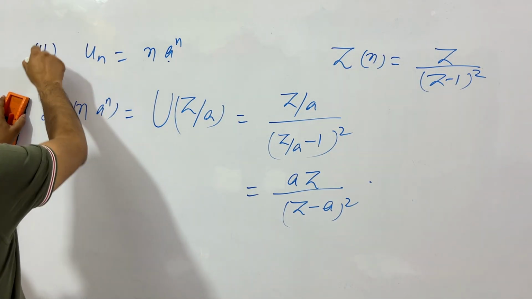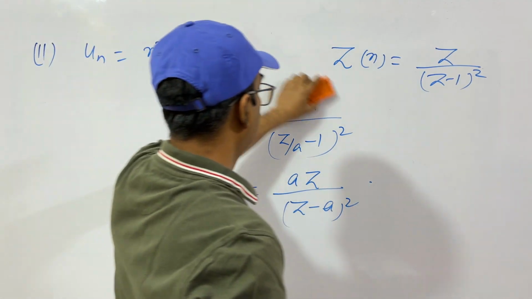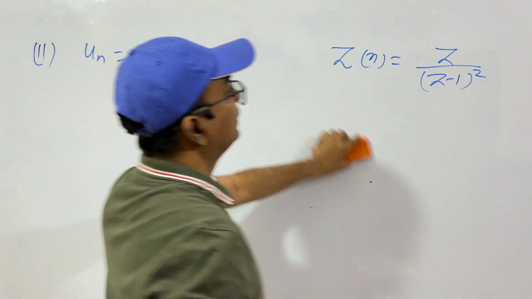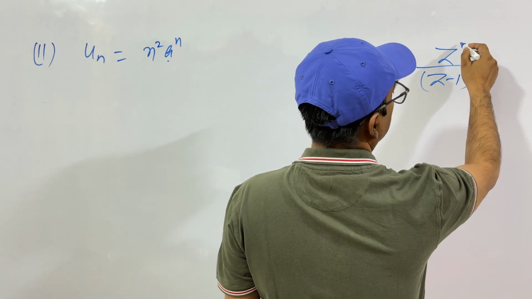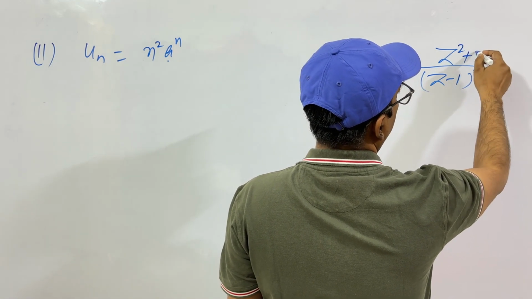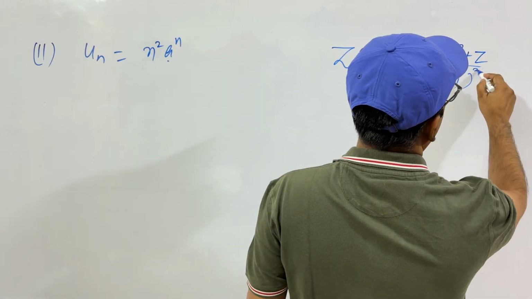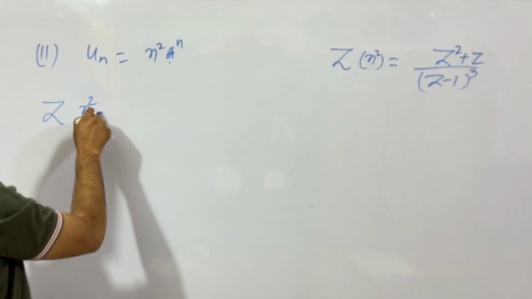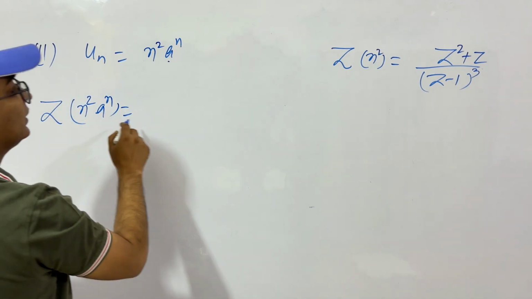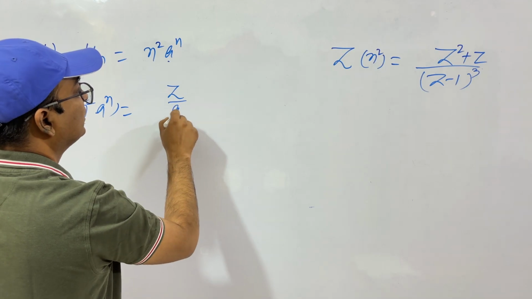Similarly, take the second case. If we have n squared, then it is very easy. You must have figured it out by now. For n squared, if you remember, this is z into z plus 1, so z squared plus z, over z minus 1 cubed. So when you take the Z of this function, n squared into a to the power n, you will put z by a in place of z.